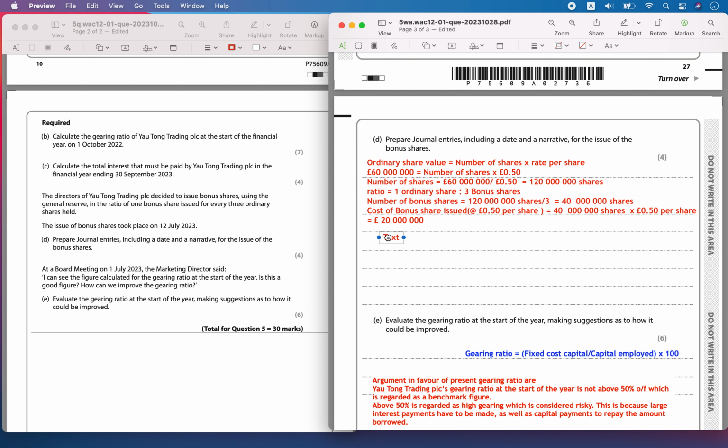So the journal entry is going to be like this. This is the date, and then you will have the details, and then you will have the debit and the credit.